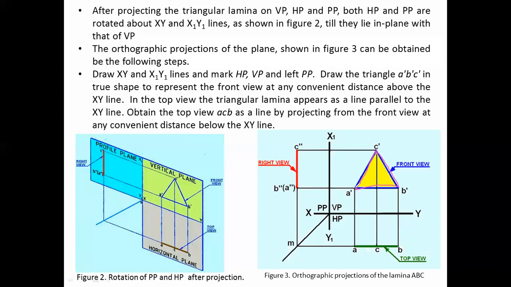Yes, sir. Then we will draw projections downwards like this from every corner. It is given that it is 40 mm away from HP. So we will measure 40 mm and draw one line. That will automatically give you the projection. Got it?